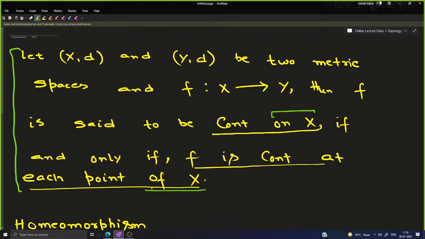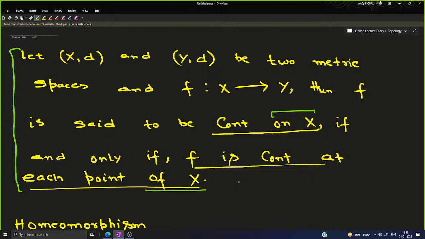And we know what it means for a function to be continuous at a particular point. ठीक? आपको यहाँ ना थोड़ा सा इन चीजों को assemble करना है. जो चीजें आपको पता है उनको आपको assemble करना है यहाँ पर. पहले आप ये देखिए, for a function to be continuous on the whole space, we mean it should be continuous at each point of X. So that means ये फिर वही locally सारी चीजें आ जाती हैं.